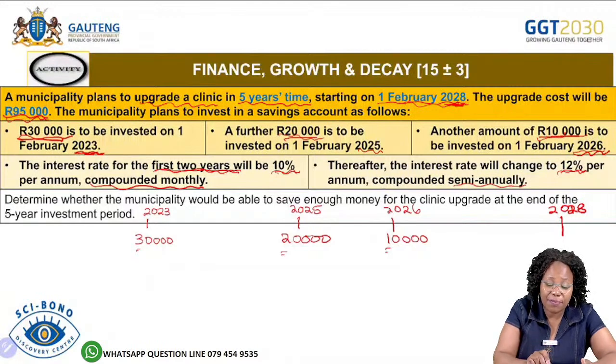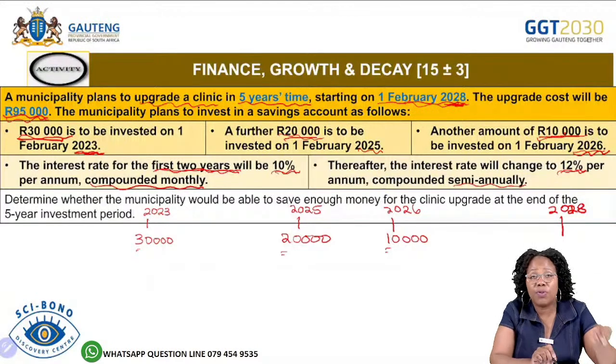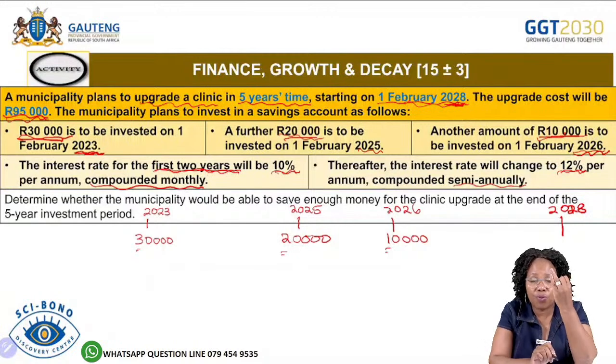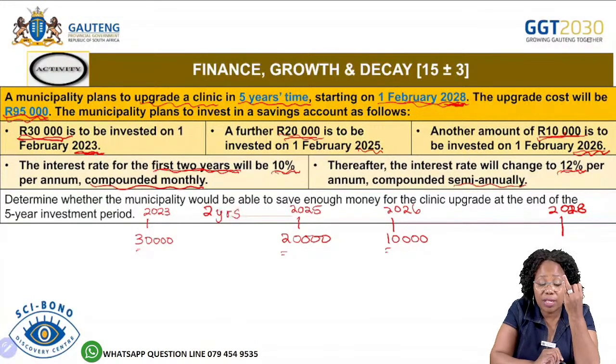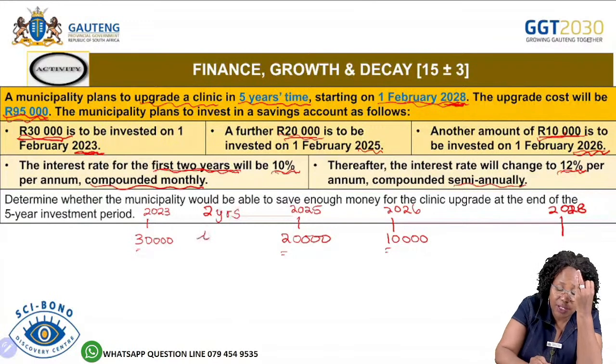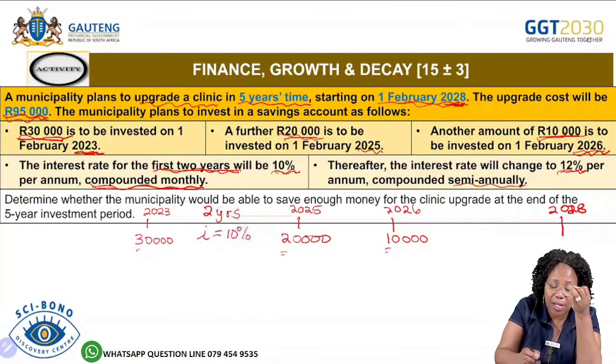The interest rate for the first 2 years. Remember, we talked 2023, 24, 25. That is our first 2 years. 2023 to 2025, that is our 2 years. And then within these 2 years, our interest rate is equal to 10%, and then it is compounded monthly.